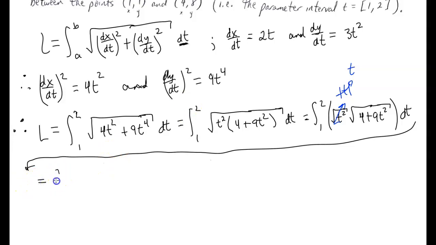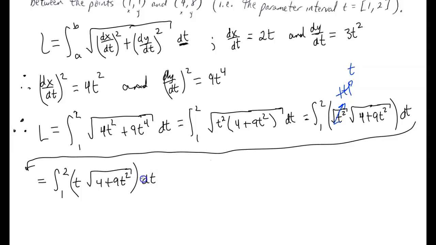So now we have the integral from 1 to 2 of t times the square root of 4 plus 9t squared, all that dt. Now all we have to do is integrate that.